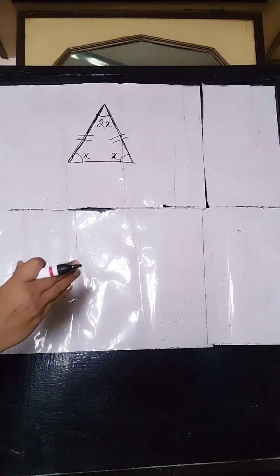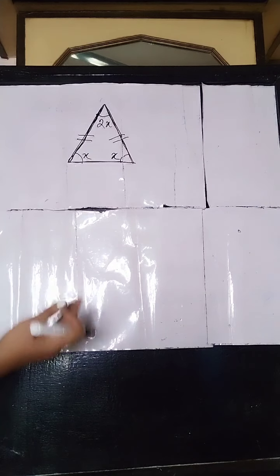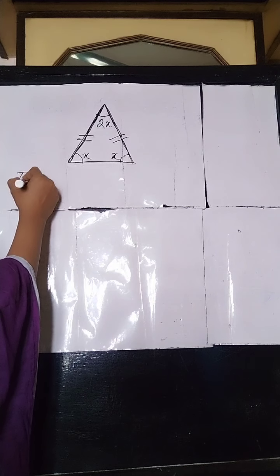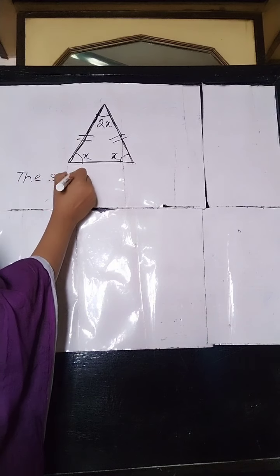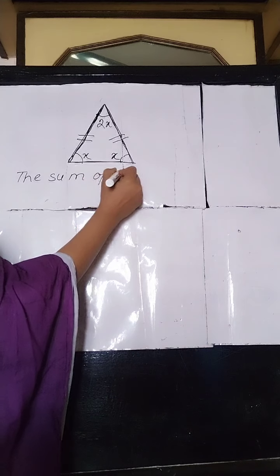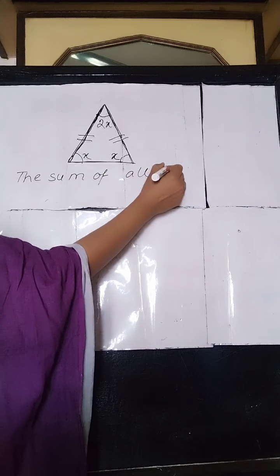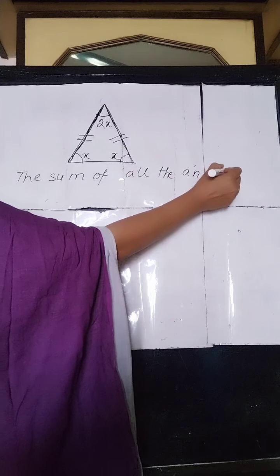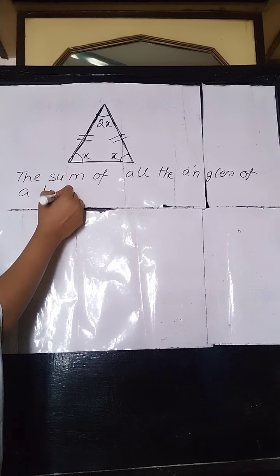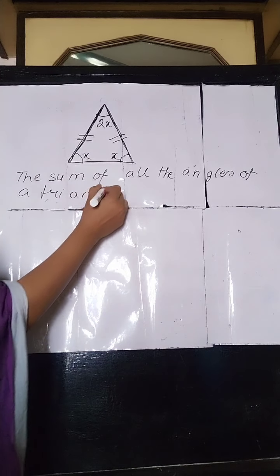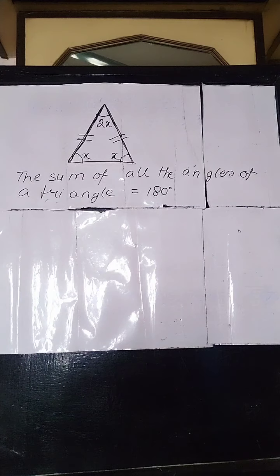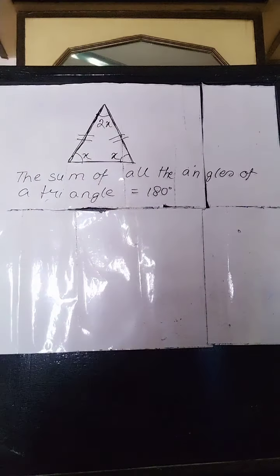However, you will solve the sum like the way you have solved the previous sum. What will you write? That the sum of all the angles of a triangle is equal to 180 degree.